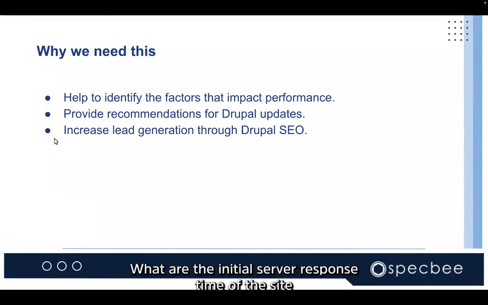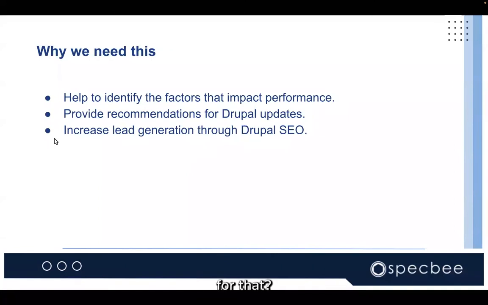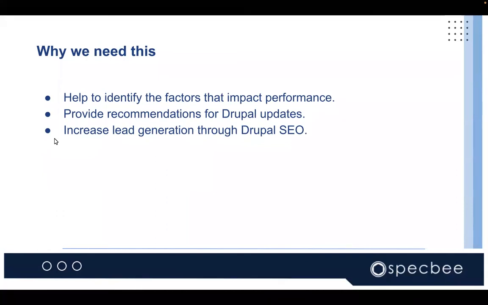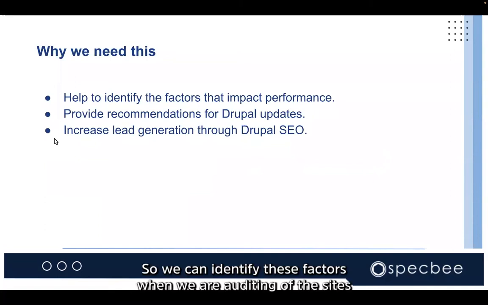Server response: what is the initial server response time of the site? For that, on the server we can add Redis or memory cache, so that whatever query goes to the DB, it will easily fetch, and the speed of the website is good. So we can identify these factors when we are auditing our sites.